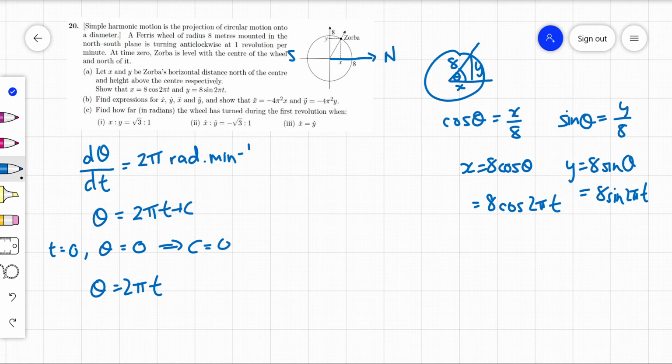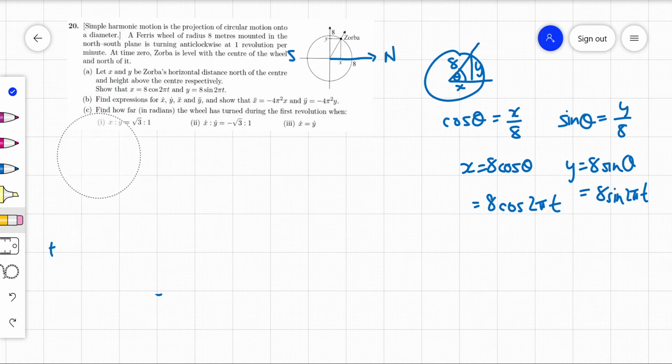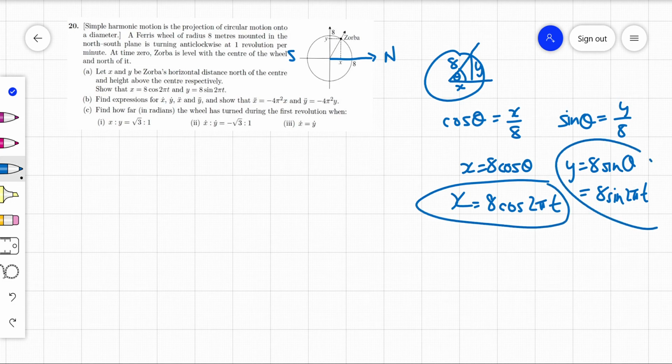All right, so knowing that, what do we want to do now? We want to find expressions for x dot, y dot, etc. So let's go from x and from y. Here's my x equation, here's my y equation.